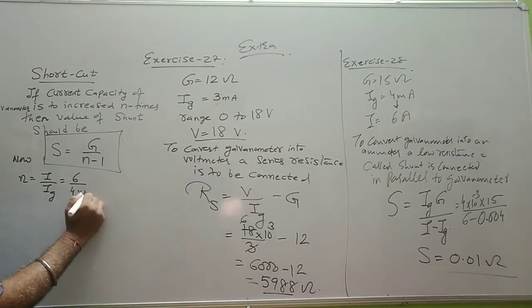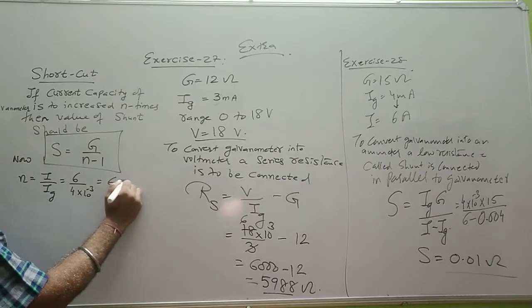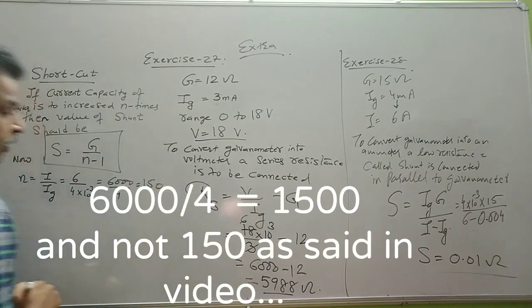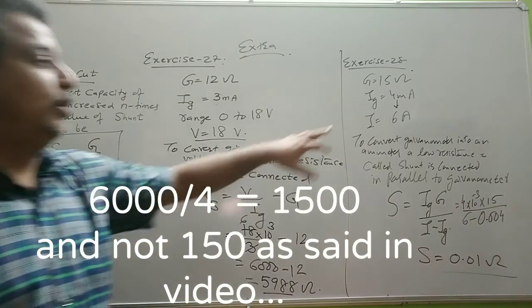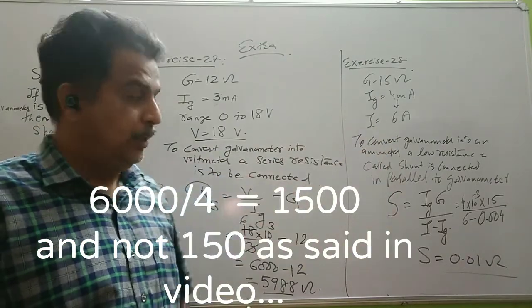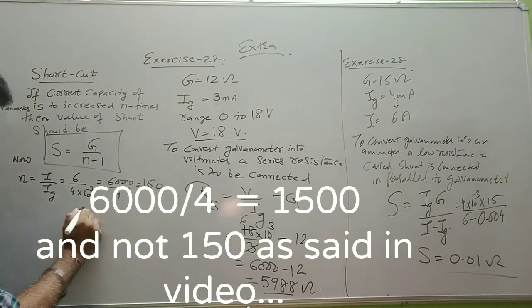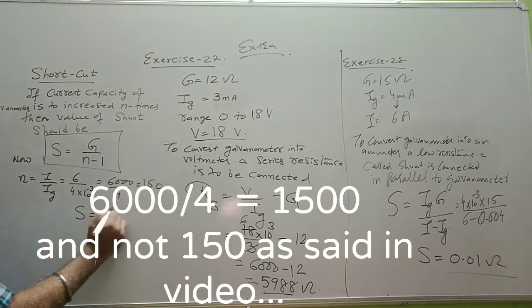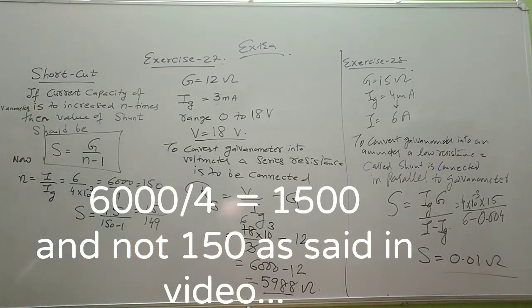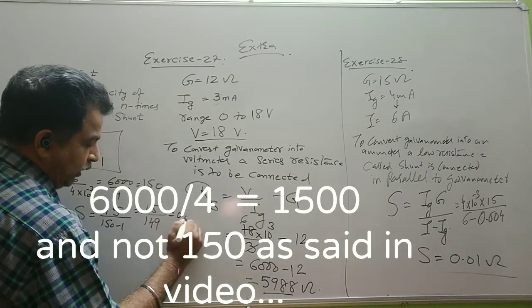So 4 into 10 raised to minus 3, that comes out to be 6000 divided by 4, which is 150. So the galvanometer capacity should be increased 150 times. Directly I can say the formula is 15 divided by 150 minus 1, that is 15 divided by 149, and it comes out to be 0.01 ohms.